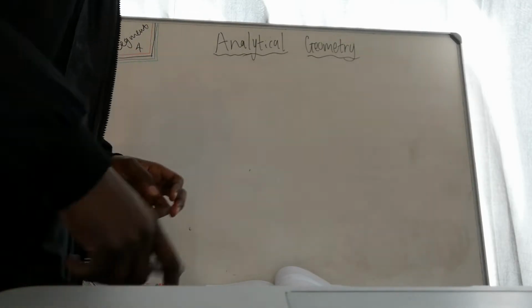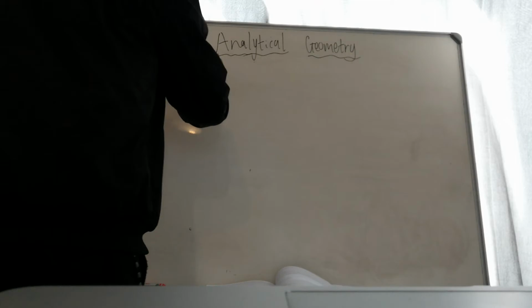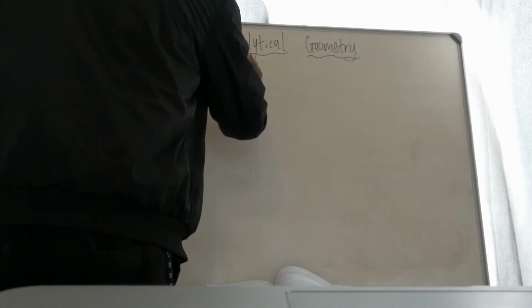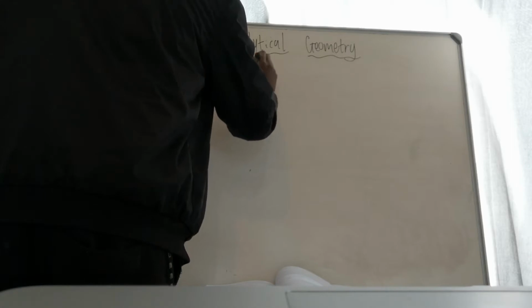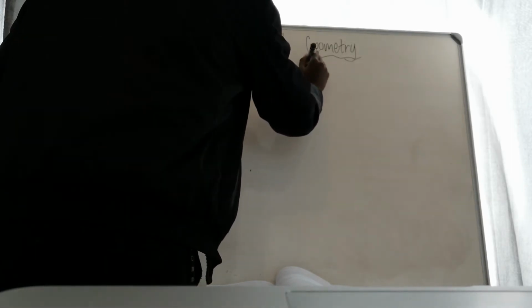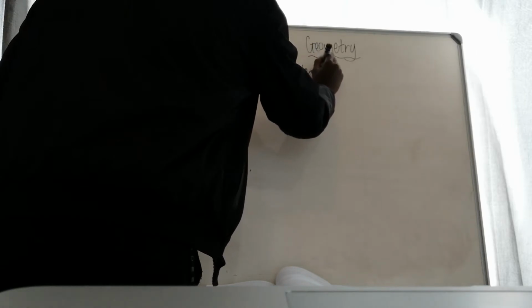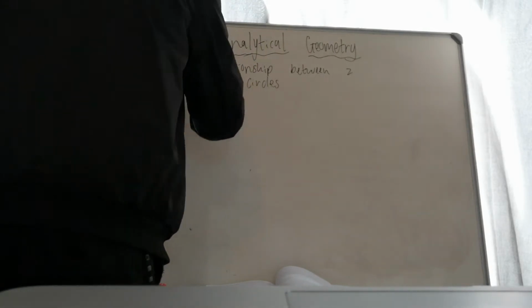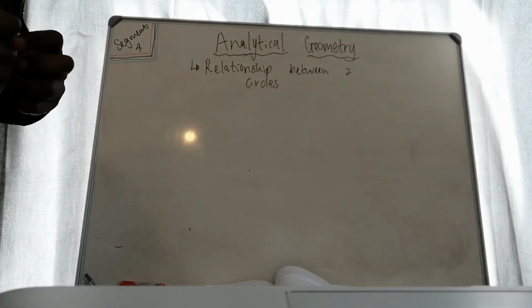But this last thing we're going to look at is the relationship between two circles. And when I say the relationship between two circles, I need to really break it down for you.